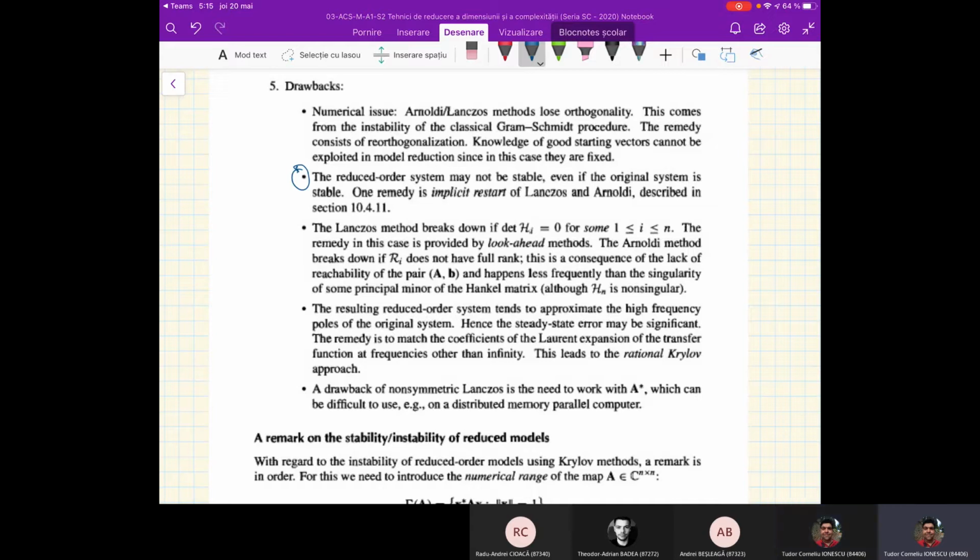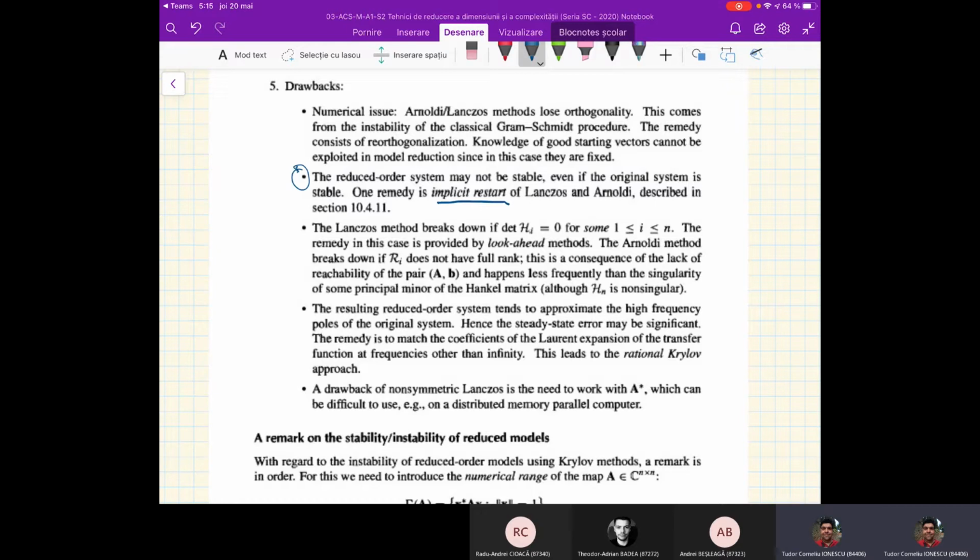Okay? There is also a numerical remedy called implicit restart of the Lanczos and the Arnoldi procedures, but this is also numerical. I'm going to show you something a bit different a bit later. The Lanczos method breaks down if the Hankel matrix in specific, or in 1 to k steps, becomes singular.